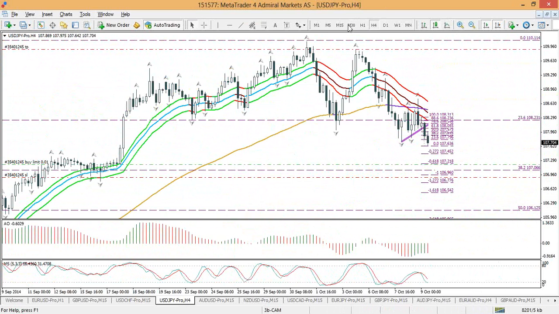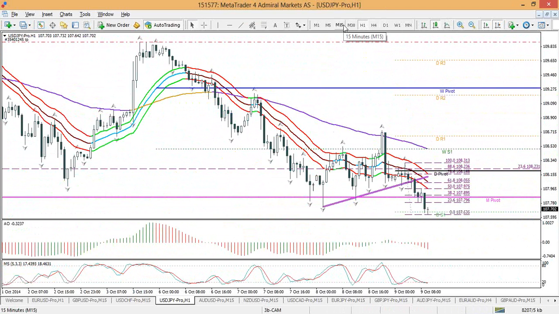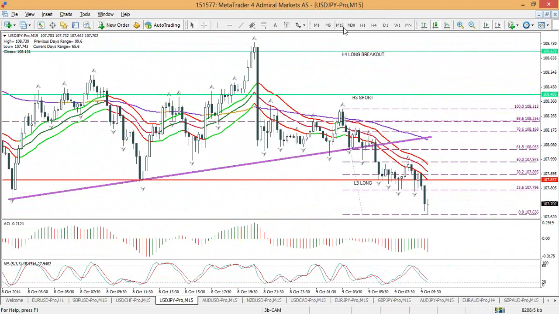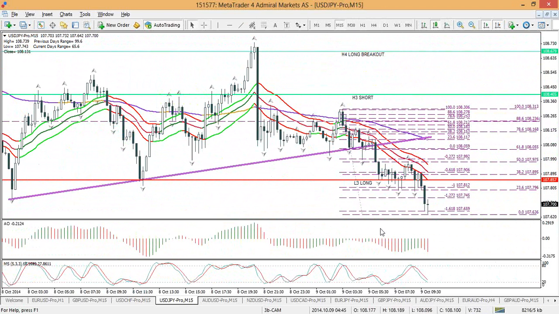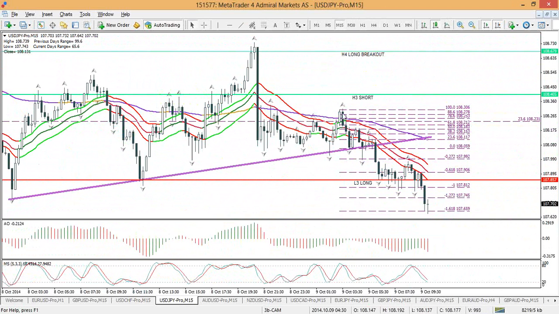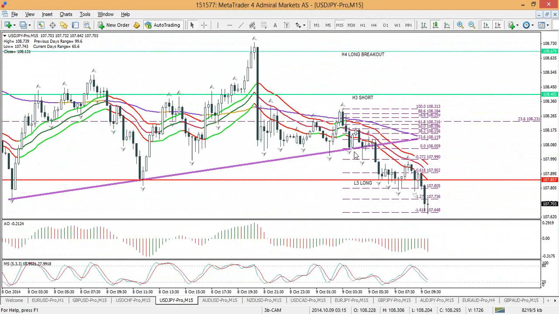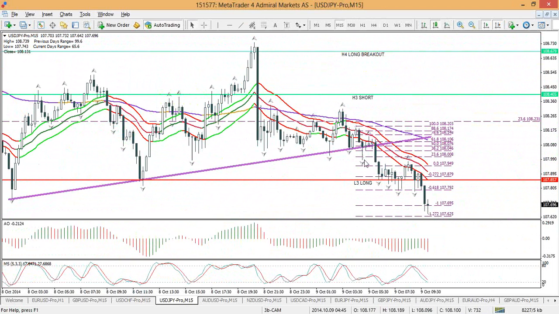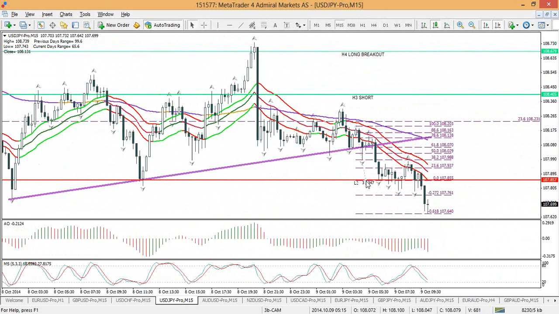Maybe the 50 fib is a bit too ambitious, but let's put a fib on this smaller downside here. 50 fib, hit the target. And hit another target.